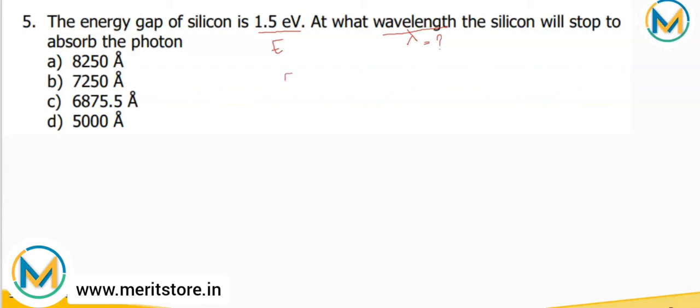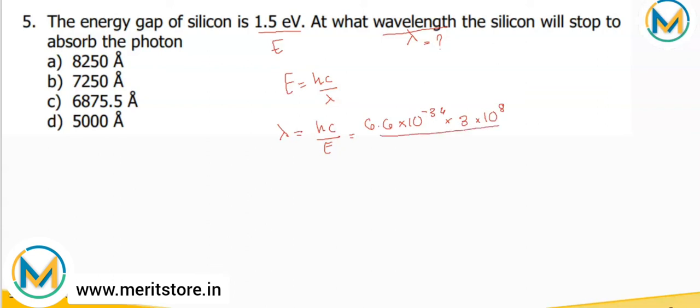So we know a very simple relation that E equals hc upon lambda. We just need to rearrange it, that lambda equals hc upon E. We know that h has a constant value, that is 6.6 × 10^-34, and c also has a constant value, that is 3 × 10^8.